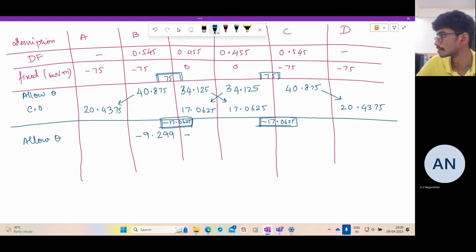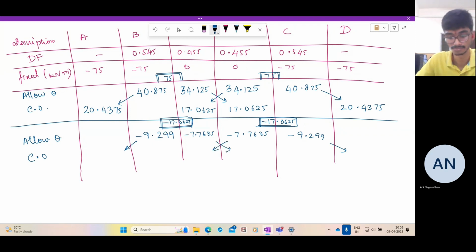Here it is minus 7.7635. Here it is again minus 7.7635, minus 9.299. Now carry over half of this, half of this, half of this, half of this.